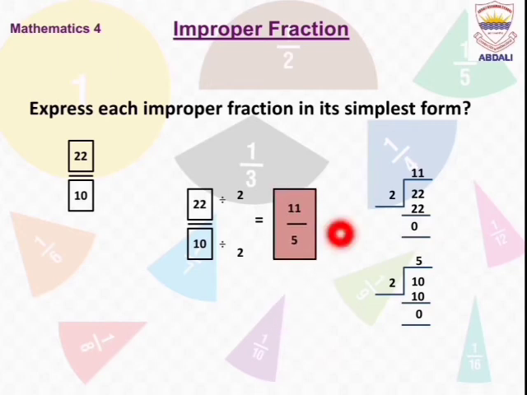When we divide 22 by 2, the quotient 11 is written in the numerator place, and when we divide 10 by 2, we get 5 as the quotient. We write 5 in the denominator place. 11 by 5 is the simplest form of 22 by 10.